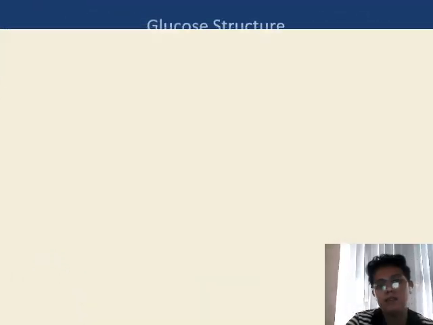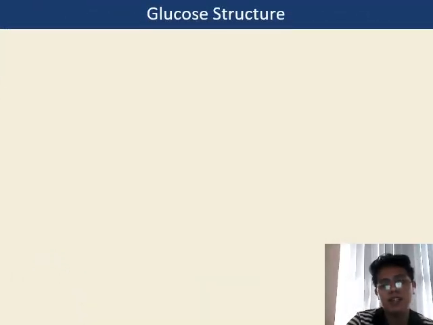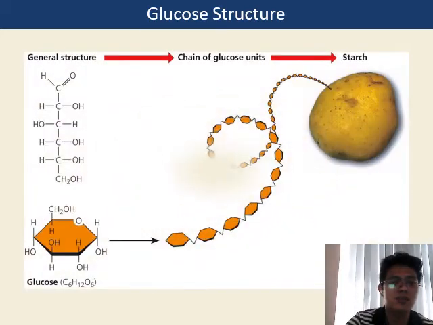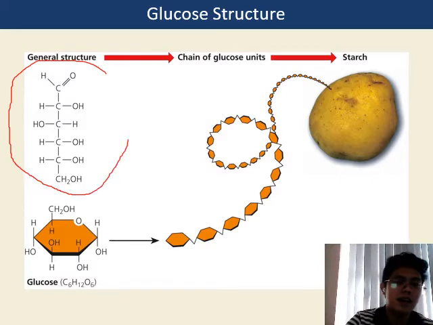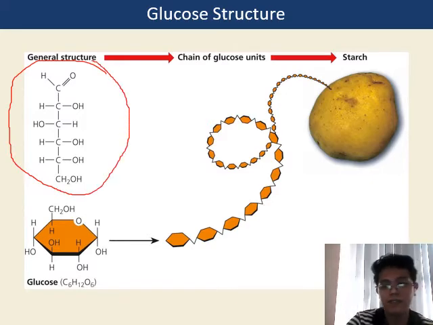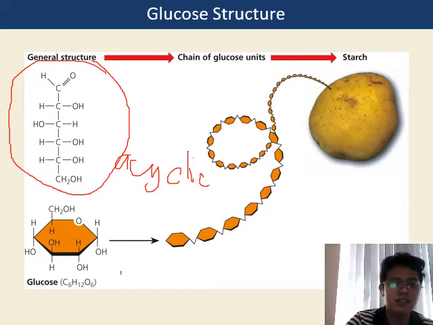So here's an example of a simple organic compound, glucose, with its structure. This is its acyclic structure, and this one is the cyclic structure.